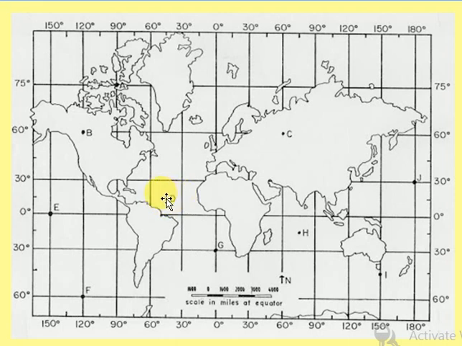And what will be the latitude and longitude of this area? 30 degree north, and this will be around 40 degree west, as it is on this part. So this is how, if you know degrees, latitude, longitudes, you can find the exact location of that place.